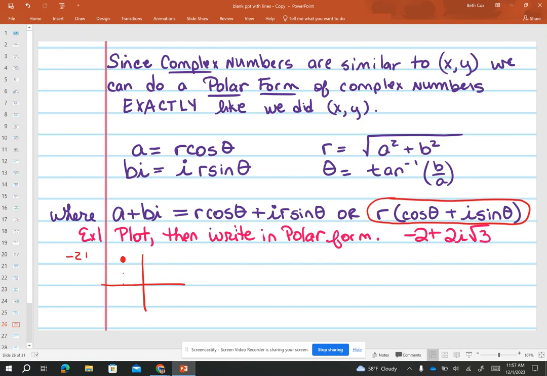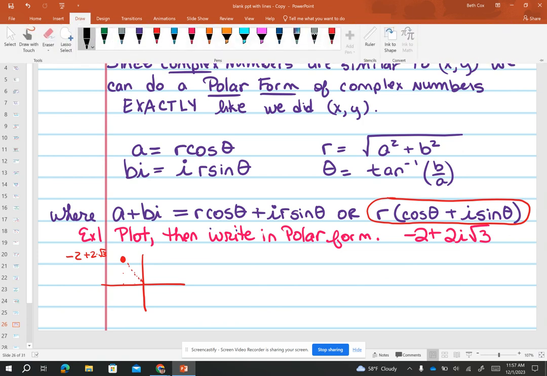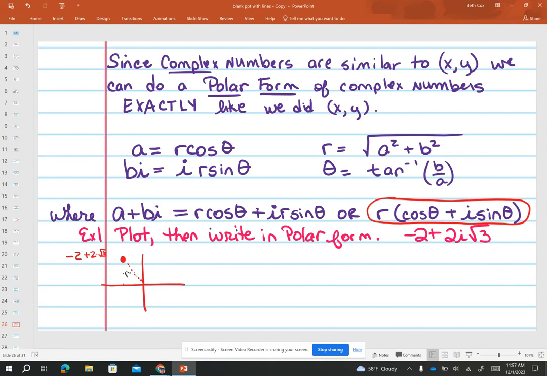That's -2 plus 2i square root of 3. And so when I do my polar form, I need to find my r, and I need to find my theta. And that is why we need to know what quadrant it is.